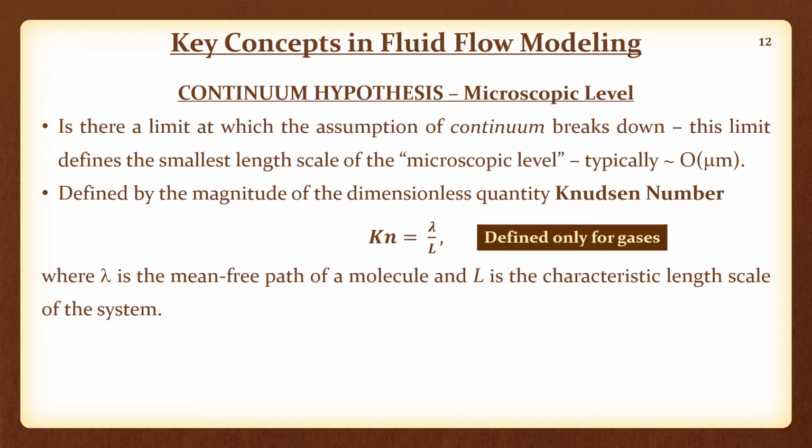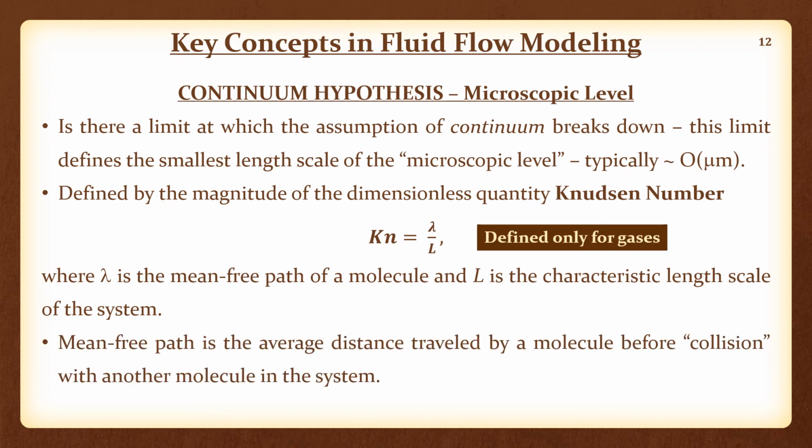Now we have to understand this, of course. Mean free path is a concept that is strictly defined only for gases, right? The moment you have a condensed phase, something like a solid, for example, mean free path makes no sense. The mean free path is defined in a classical sense for a conduction electron in a solid, but not for the atoms and molecules, the ions themselves.